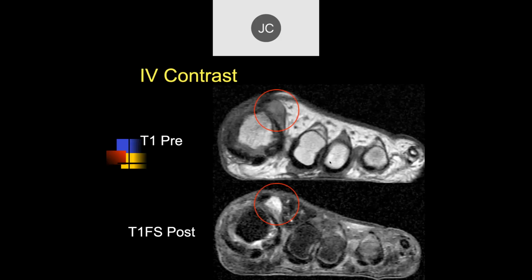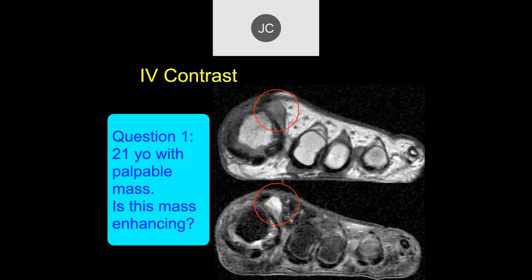So there is a T1 hypointense and enhancing lesion. Okay, so you say this lesion is enhancing? So the question here, if it's enhancing, it means it's a solid mass, right? Yeah. Okay. So the question is, is this mass enhancing?